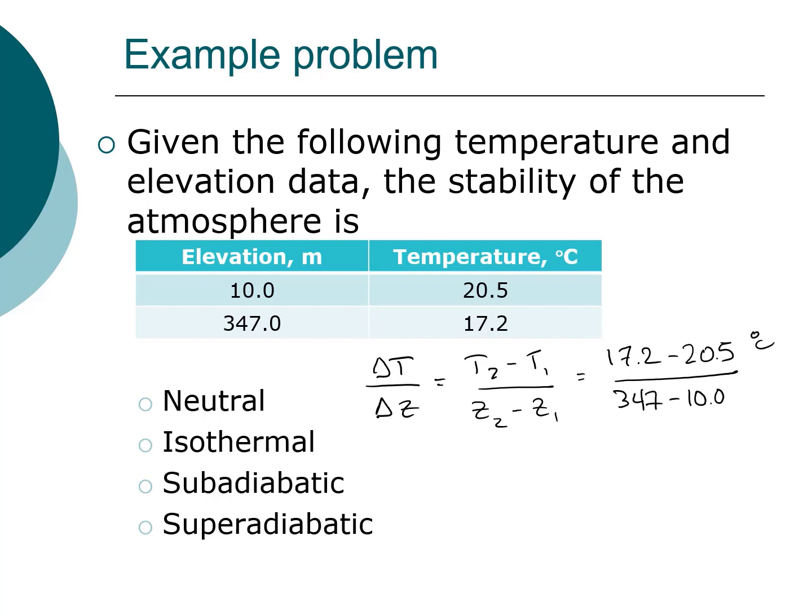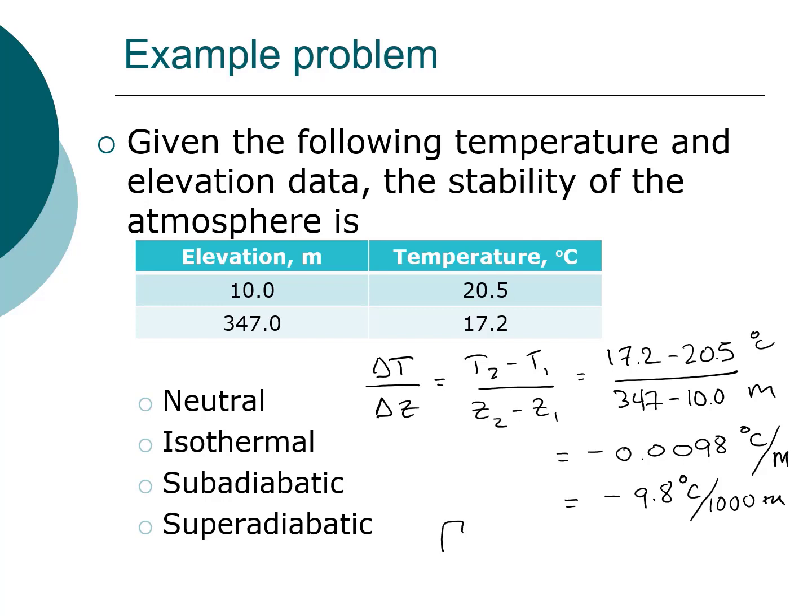Let's add the units, degrees C and meters. And that is equal to negative 0.0098 degrees C per meter, or negative 9.8 degrees C per 1,000 meters, or per kilometer.